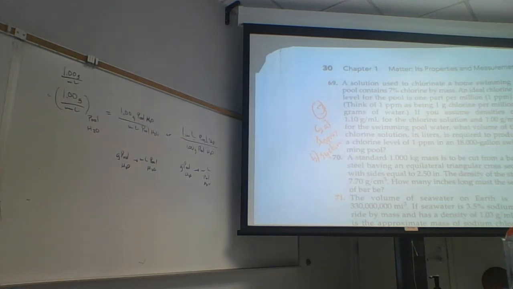It's best if we can get rid of liters of pool water, but do you remember seeing something that converts liters of pool water to something else? No. And so we could go from liters to gallons, or we can go from liters to milliliters. So go to milliliters, and then just keep going and try to come up with the answer for this.